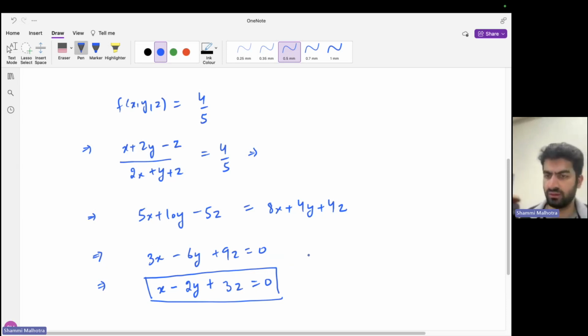Basically, to solve this, we just plug the point into the function to get the value, and then equate the function with that value.